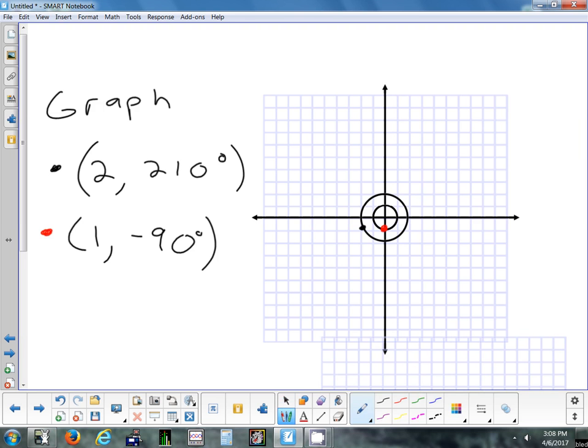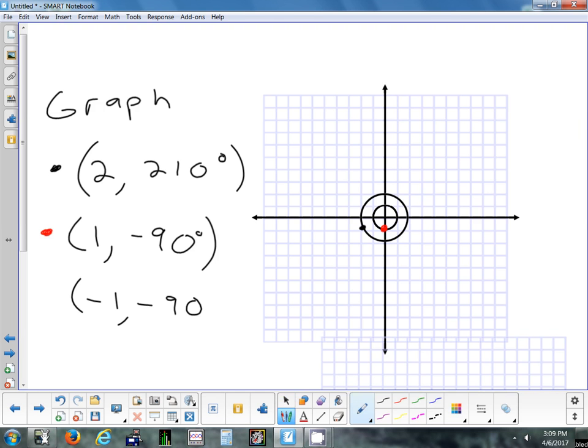Okay, how about if you had a negative radius? Let's go -1, -90. I just don't want it to land on the same spot.